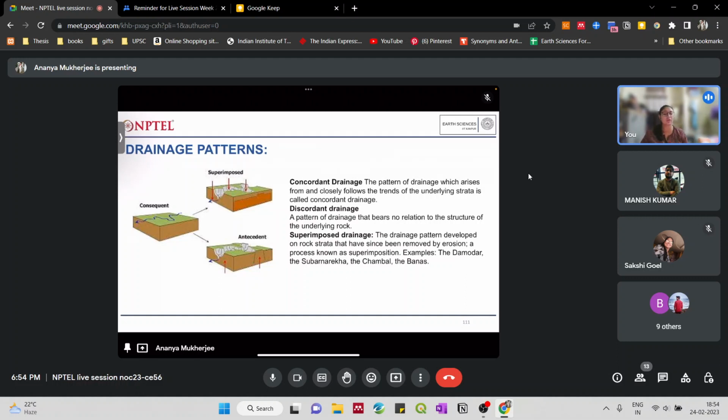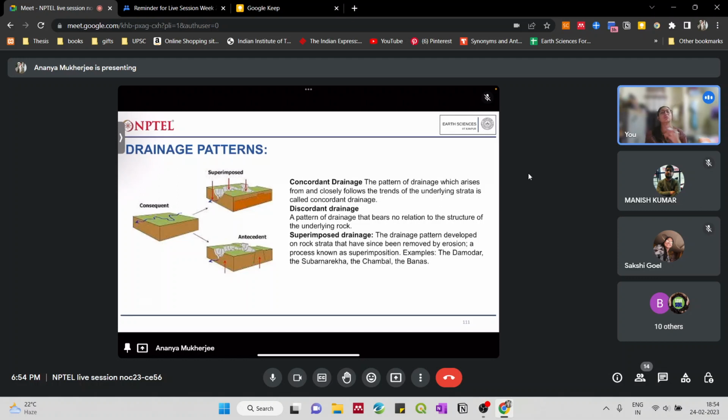Concordant is when the stream that is flowing will follow the trend of the underlying geological strata. So it is conforming to the trends that are present. What we see in discordant drainage is that it bears no relation to the current structure of the rock. Discordant drainage, antecedent stream, we spoke about this in the previous session.